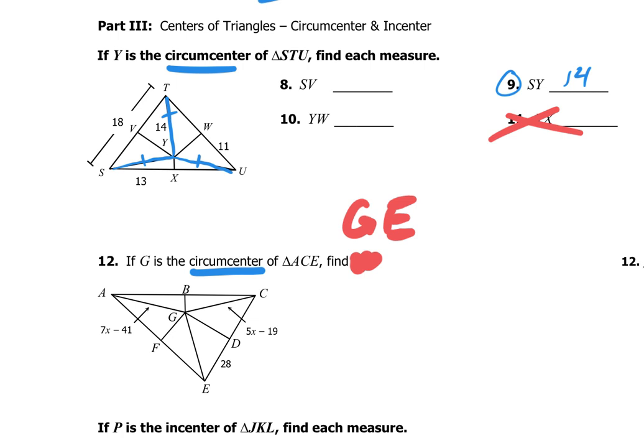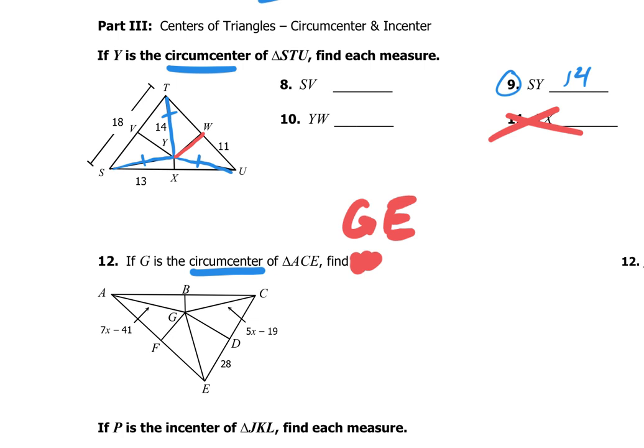Now, number 10 is going to be a little bit of work. Number 10 is asking me to find YW. Okay, I can't use this triangle because all I know is 14, and I don't know anything else.